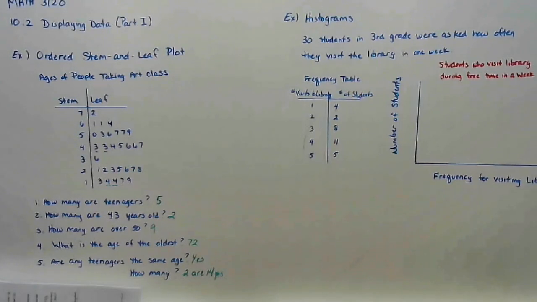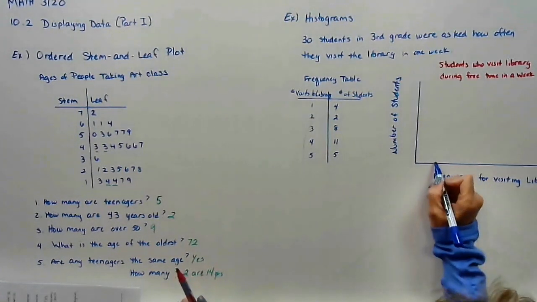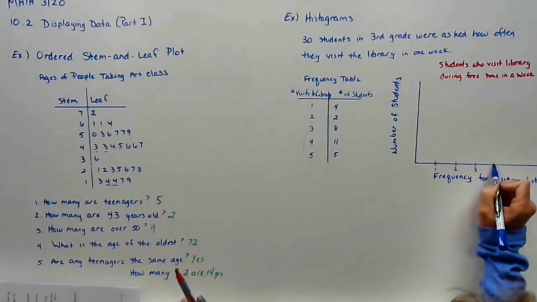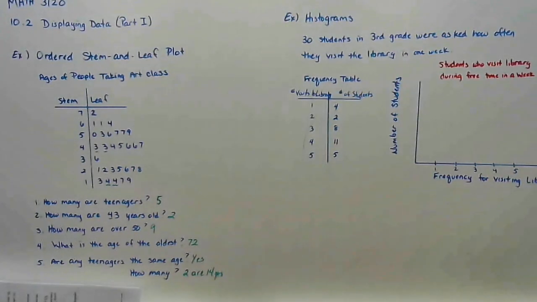So now let's think about what we've got here. Well, we said we only had 5 days a week, so we could have listed this. They only visited 1 time, 2 times, 3 times, 4 times, 5 times. In other words, they visited once a day.